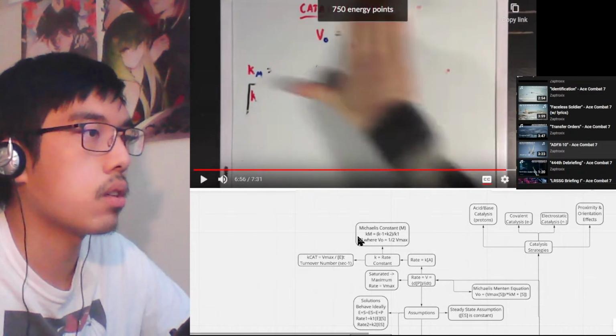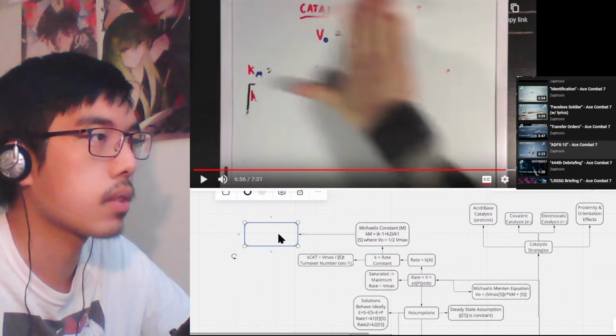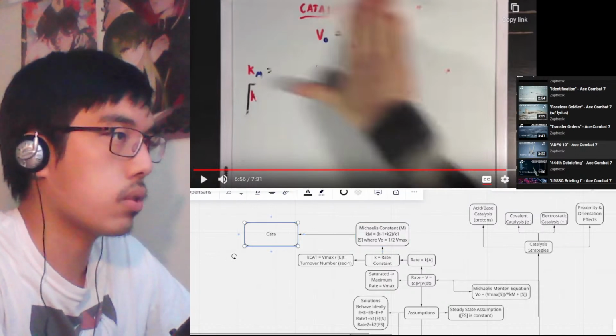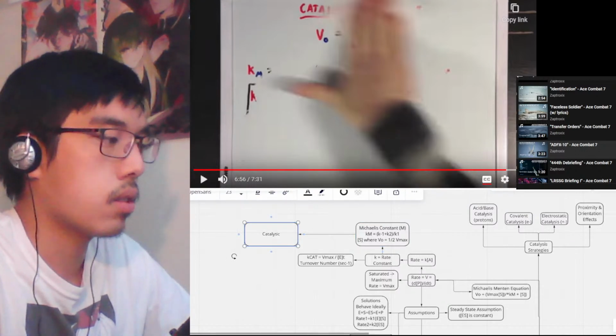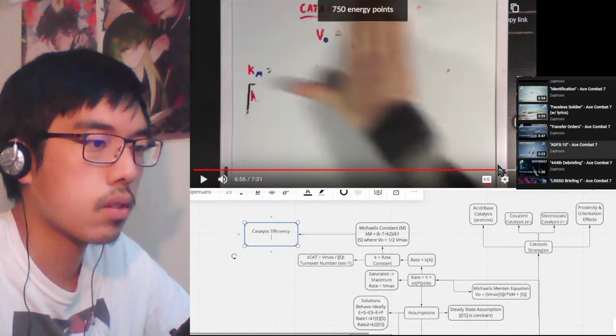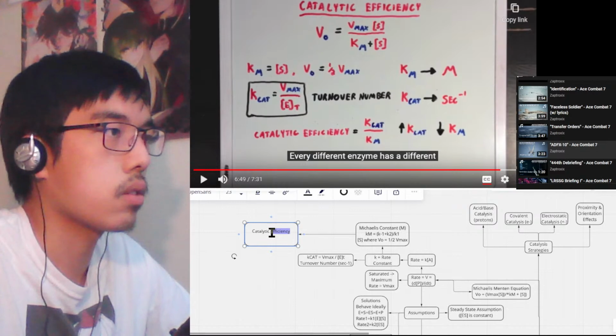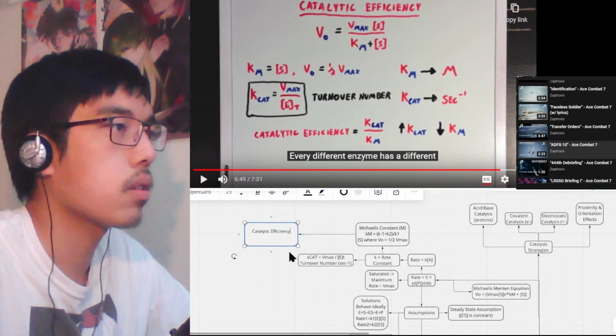Huh. Interesting. Catalytic fancy. That's the Kcat divided by Km.